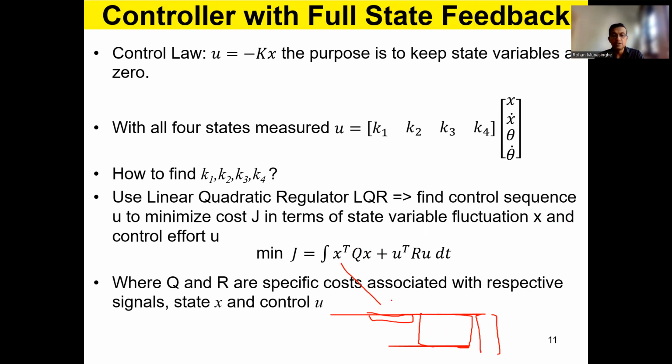So this is 1 by 4, this is 4 by 4, this is 4 by 1. So when you multiply, this will eventually be 1 by 1, which is just a scalar.